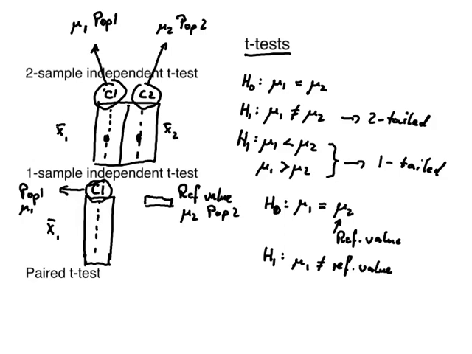Now what is a paired t-test? Well, in a paired t-test on the surface we have two data sets, again like in the two-sample tests. So we've got category 1 and category 2, but the data are linked to each other. They are no longer independent.